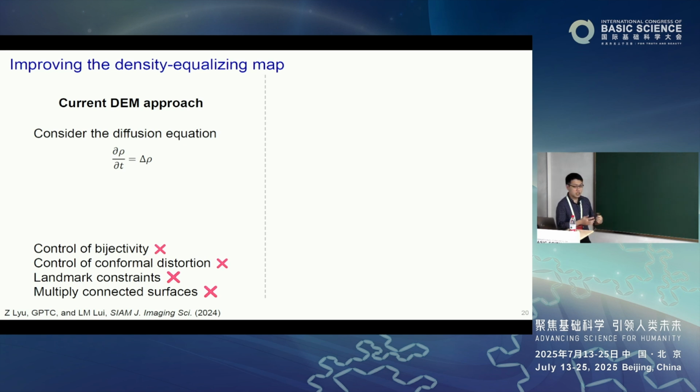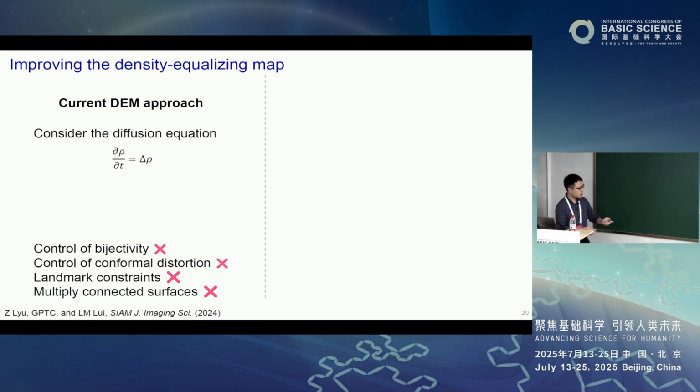By bijectivity, we mean that there is no control in terms of the prevention of mesh fold overs. If you set the step size too large, or if the density is too extreme, the mesh may have some fold overs. It may overlap with another triangle element, and that would cause some subsequent computational issues. In that case, you may have to reduce the step size and so on. So we want a more systematic way to address that.